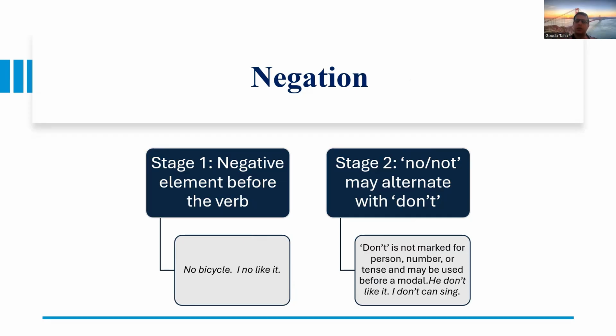And they might alternate between no and not in their utterances. However, in this stage, don't is not marked for person. All the time it's don't, like he don't like it instead of he doesn't like it or they don't like it.